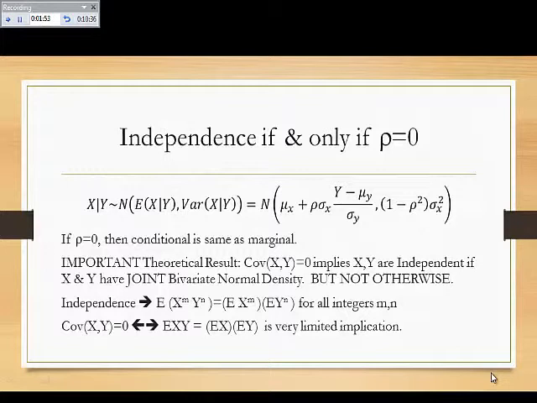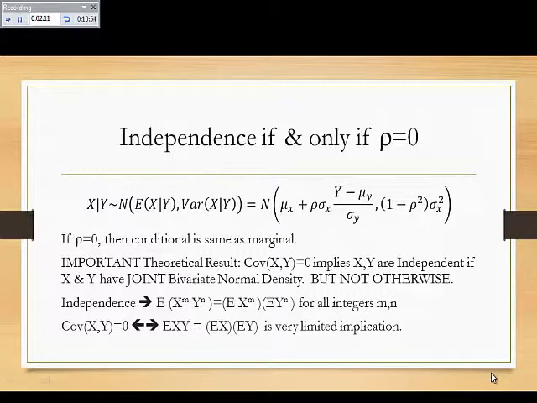Rho will be, I'm running a little bit ahead in this lecture. Rho is 0 means that the covariance of x and y is 0. I'll prove that later. And if that is so, covariance xy equals 0 implies that x and y are independent.